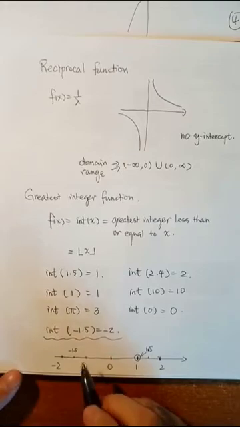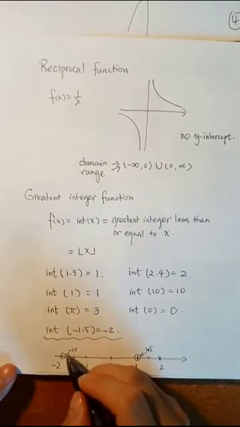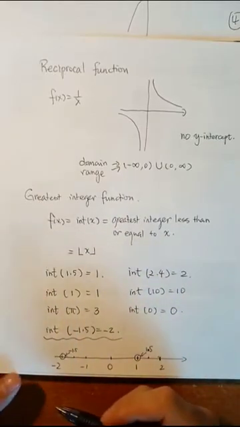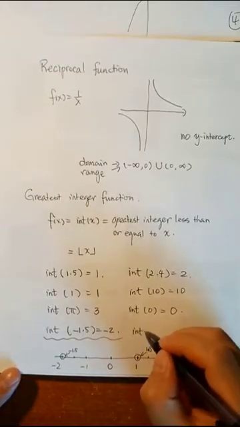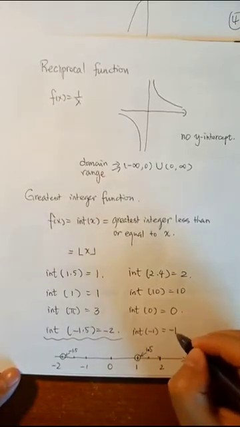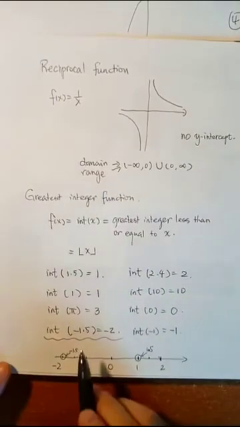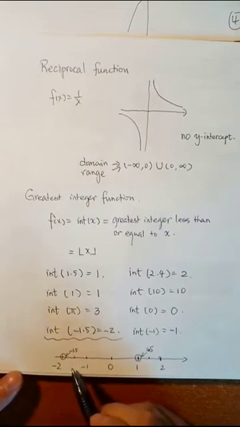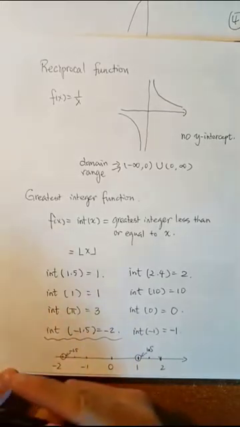The left integer to it is negative 2. So you're looking for the left integer or itself. If you have a negative integer, it's still itself. But for a negative decimal number, when you check for the greatest integer, you should be extremely careful. It's always the left integer.